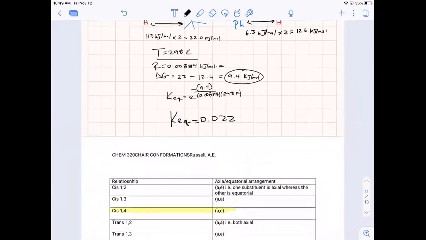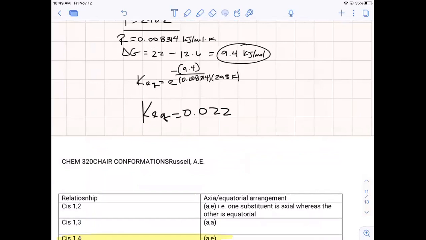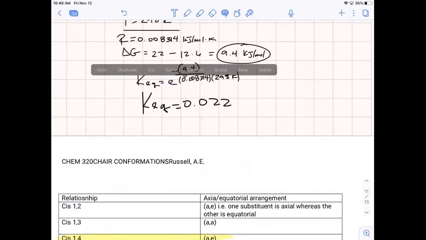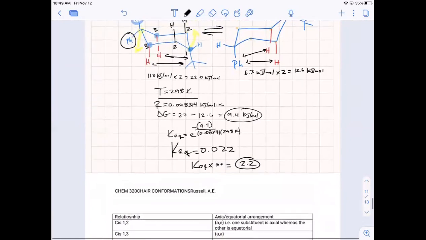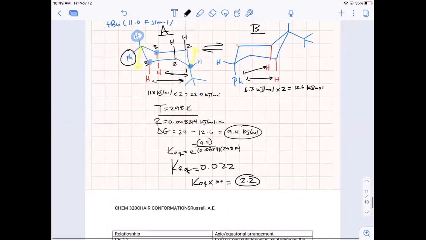And if I want to get the percentage, I'm going to just take that and multiply by 100. And that's going to be 2.2. Is that right? Yes, sir. All right. So now that's my low number. What's the other part of that ratio?